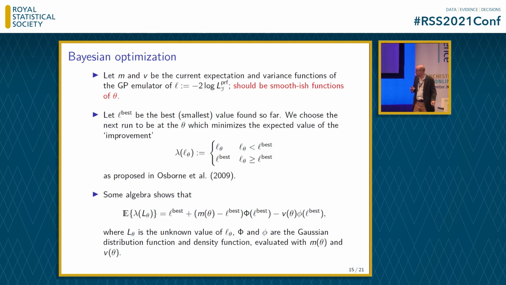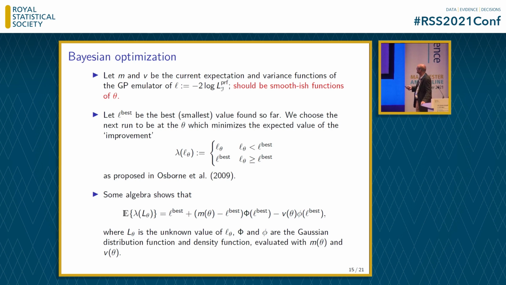So if you look at these two terms here, this is like an explore function. Remember we're looking for low values here. It says, hey, go where the variance is big, because doing a run at a theta where the variance is big will tell you a lot about the function. And this is the exploit step. It says, hey, no, go where the mean is small, because you're trying to minimize the function, so a small mean is obviously a good start.